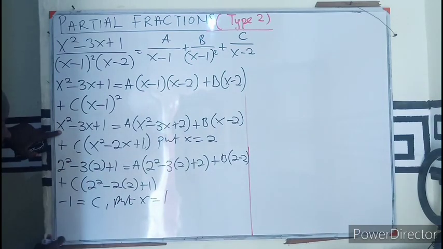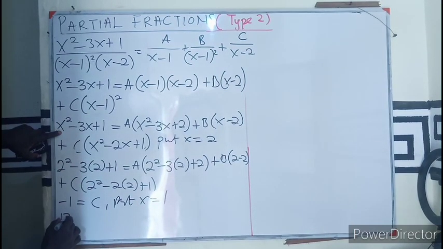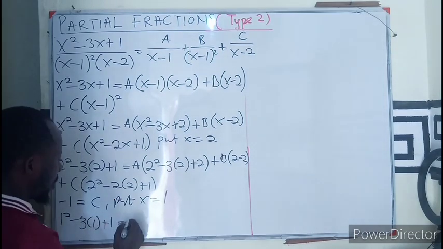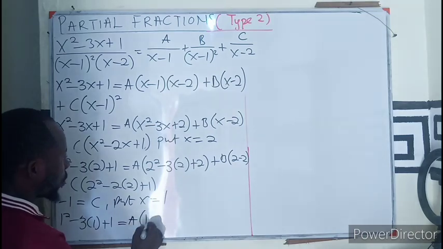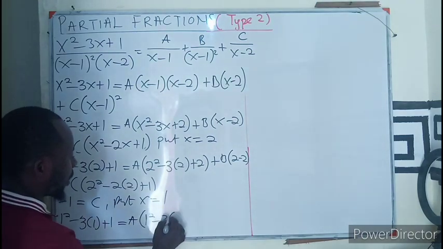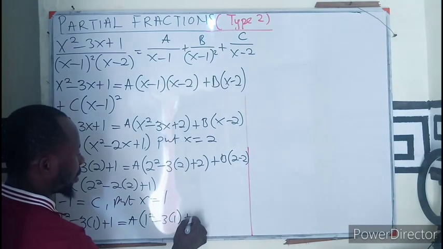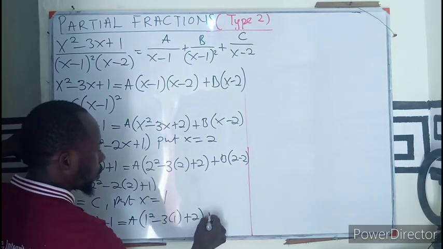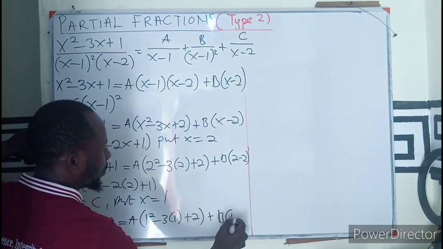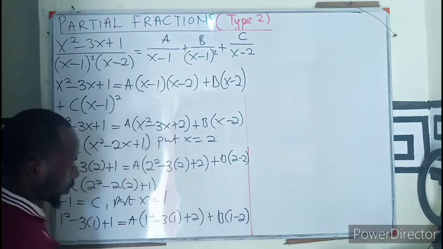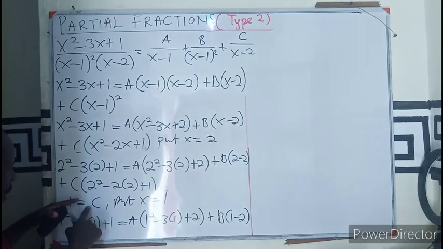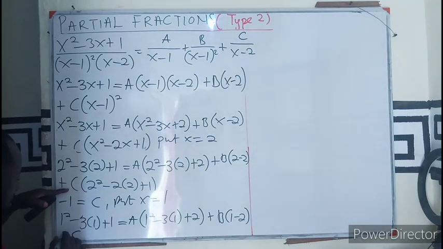Then your first left side will be 1 square minus 3 into bracket 1 plus 1. You're going to have A into 1 square minus 3 into 1 plus 2, plus B into 1 minus 2, then we have our C is going to be plus C, where is it?